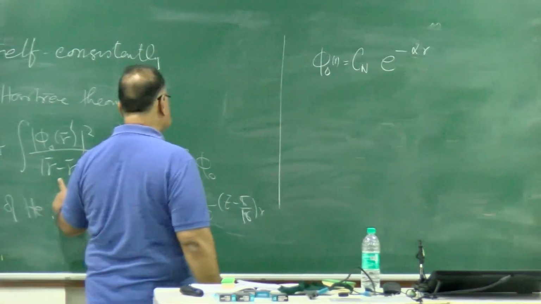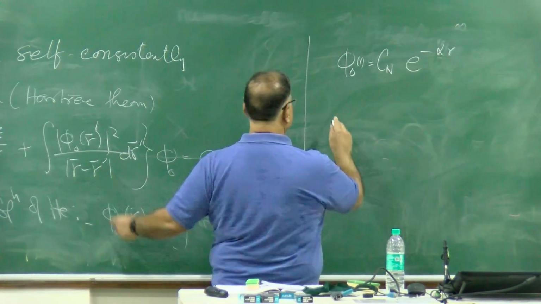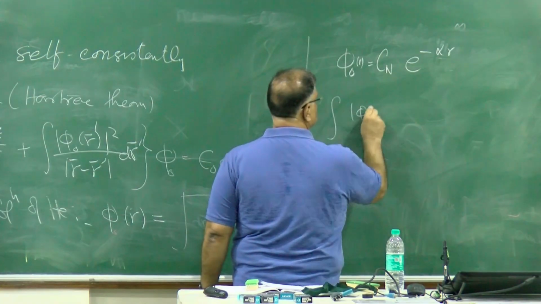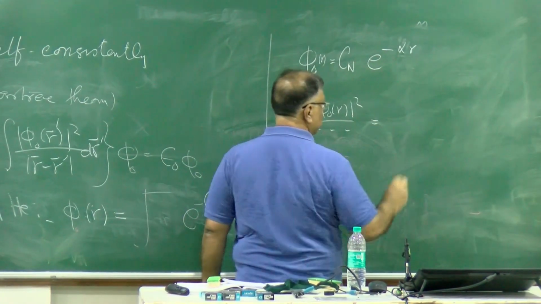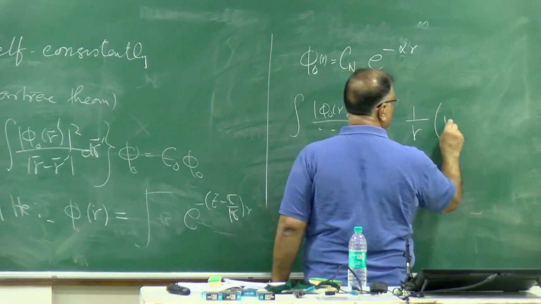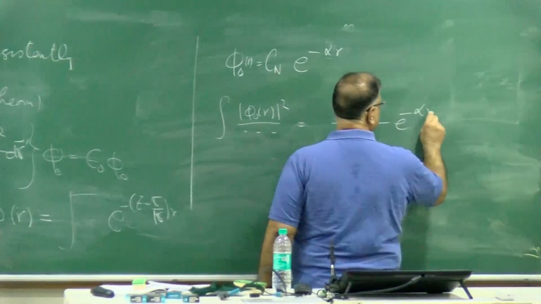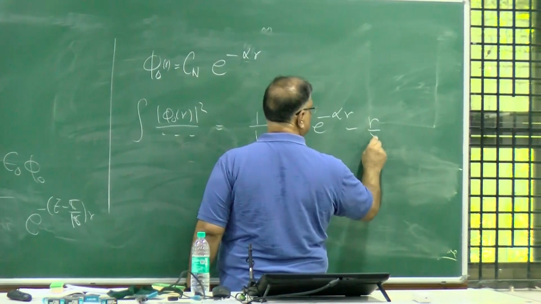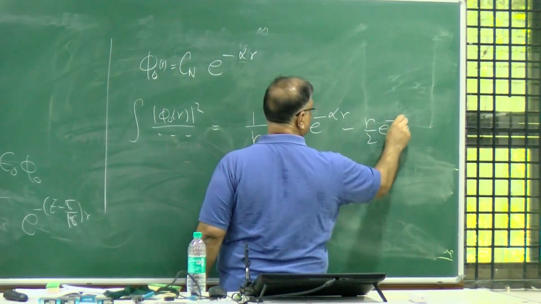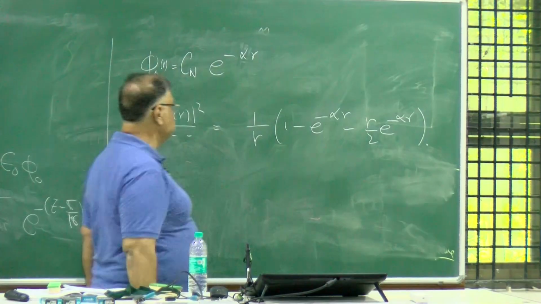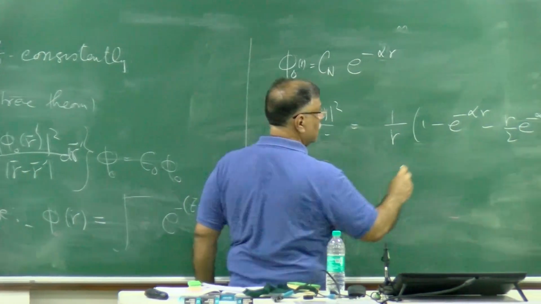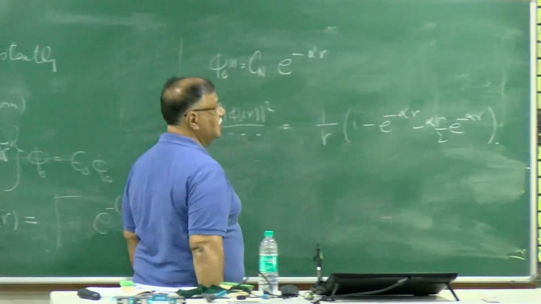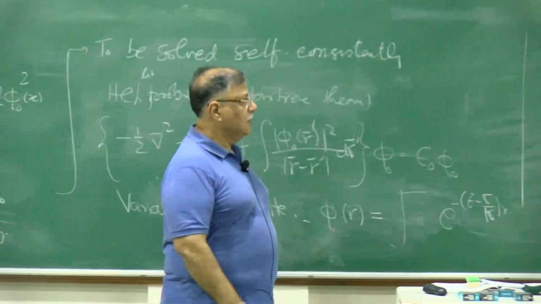If you calculate this with that, then the potential, phi 0 r square over all that, comes out to be 1 over r, 1 minus e raised to minus alpha r minus r by 2 e raised to minus alpha r. I think that's correct. It has to be alpha r, that's dimensionless quantity here. All right?